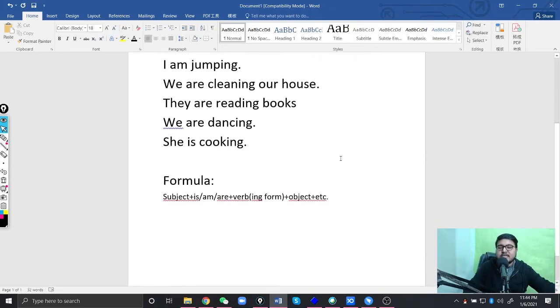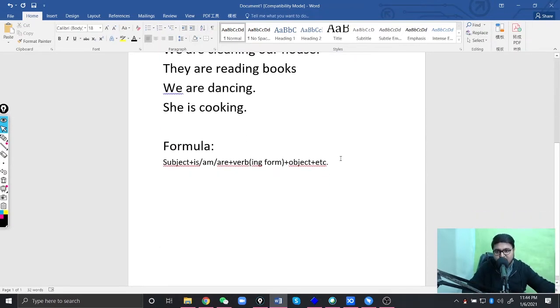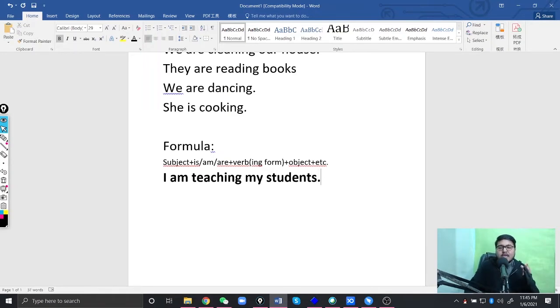Now let's try to make some sentences according to this formula. I am teaching my students. Now, I again is a subject. Am comes from the formula because am goes with I, right?